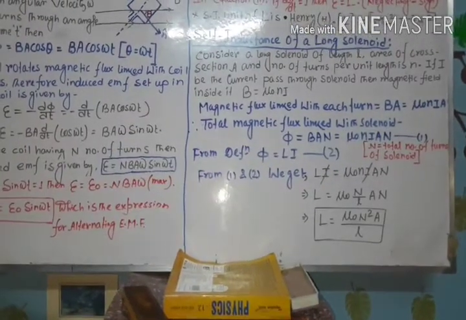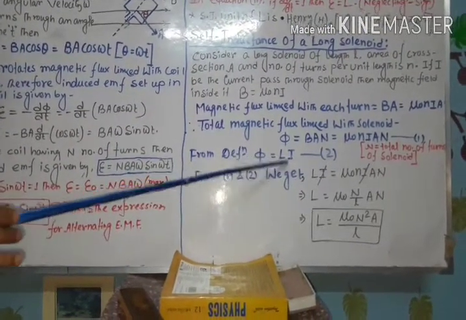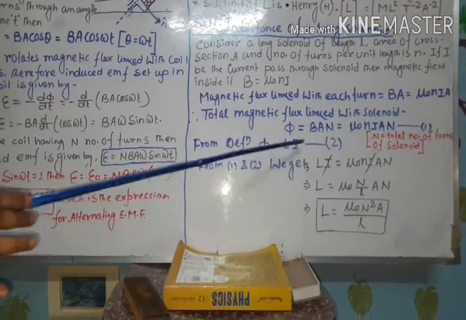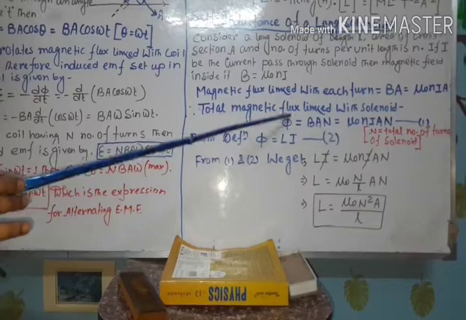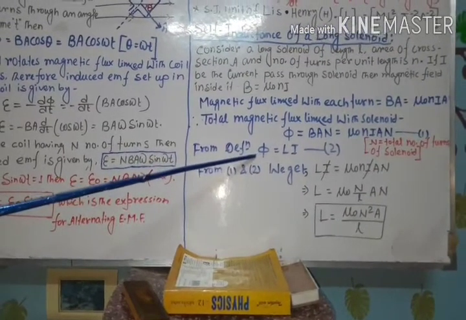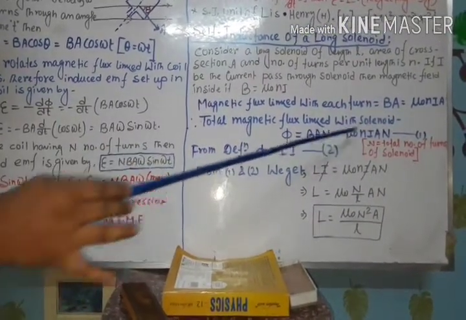And from the definition of flux, phi equals L I. Okay, so this is our equation number 2. Now see, equation number 1 and 2, their left hand sides are equal, therefore their right hand sides are also equal.